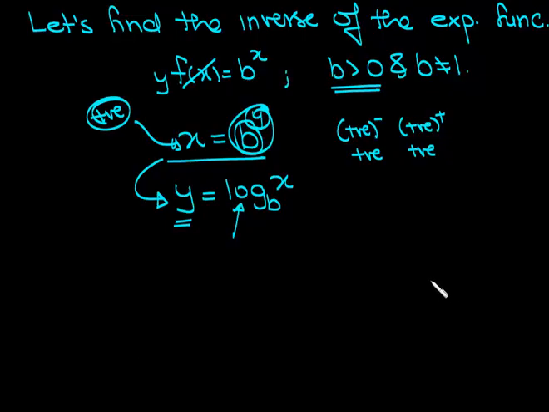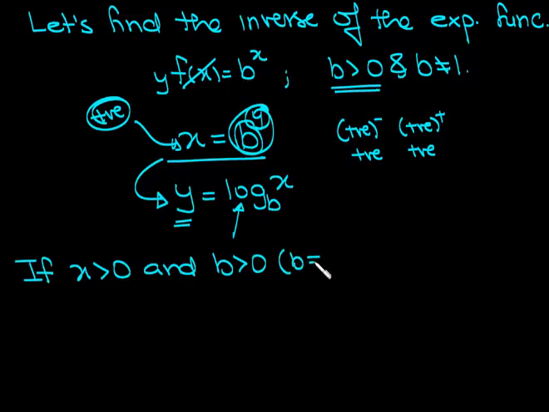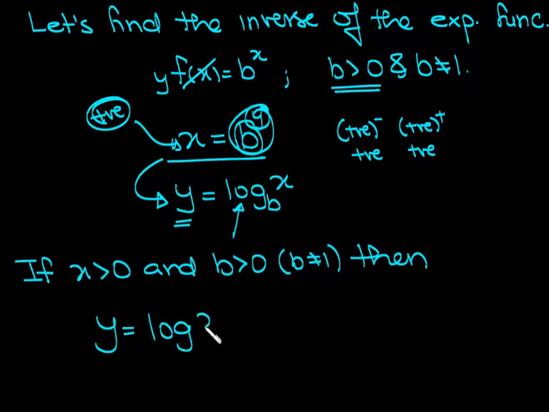Alright, so let me go ahead and define it. If x is greater than 0, and b is greater than 0 and b is not equal to 1, then y is equal to log of x base b.